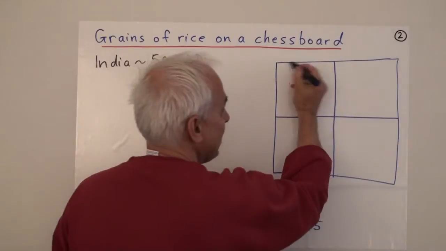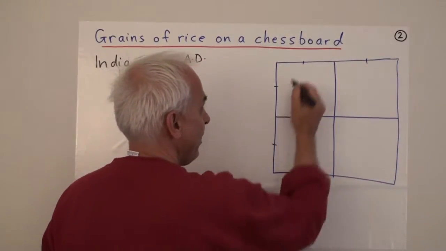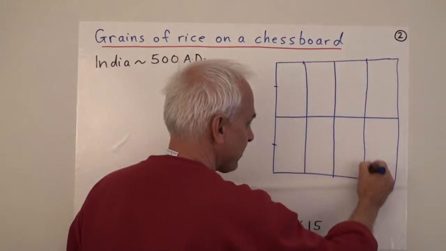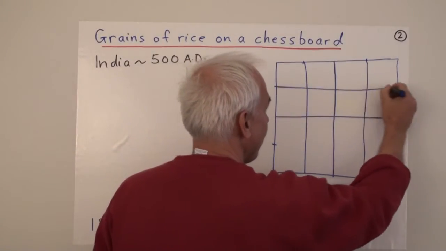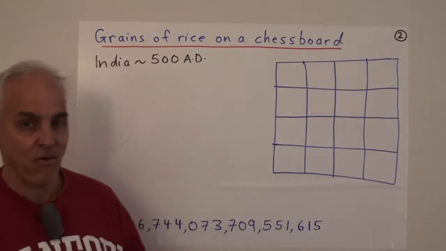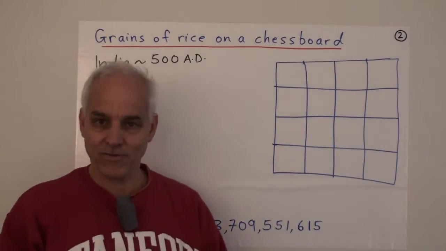Now we divide each one of these pieces into 2, and also vertically, and then we draw more lines. All right, now we have a 4 by 4 chessboard with a total of 16 squares.